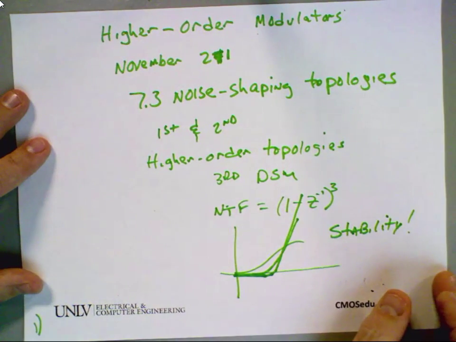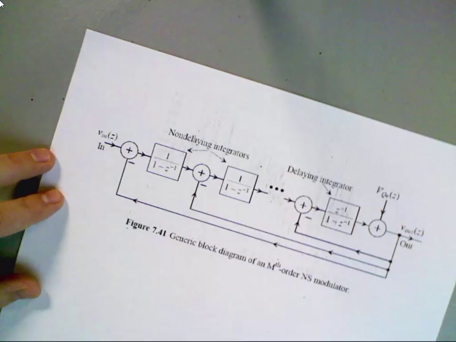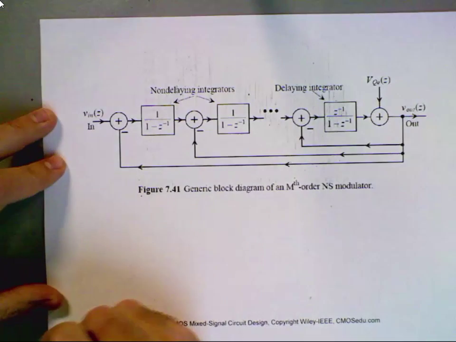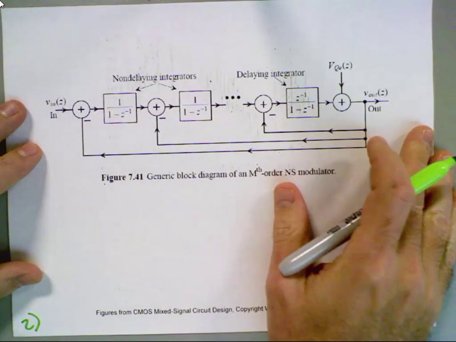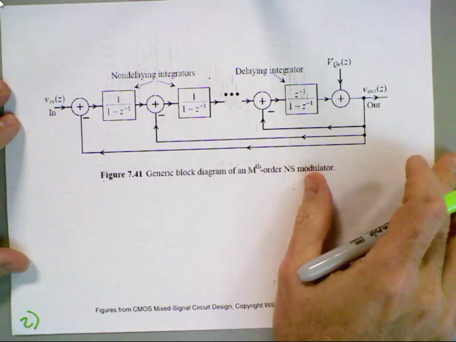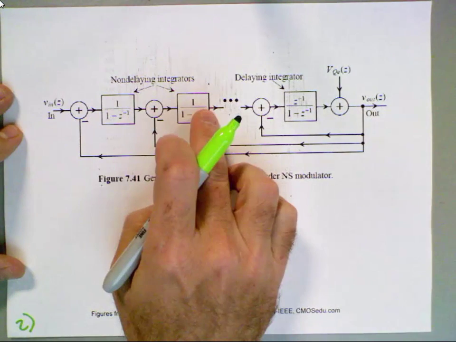Does everybody follow that? Okay, so if we look at the implementation of an nth order noise shaping modulator, first off, what do you notice? You notice that I've got to have non-delaying integrators.